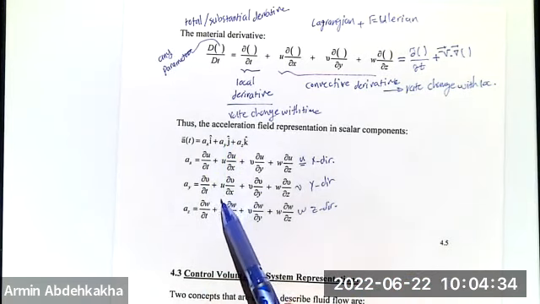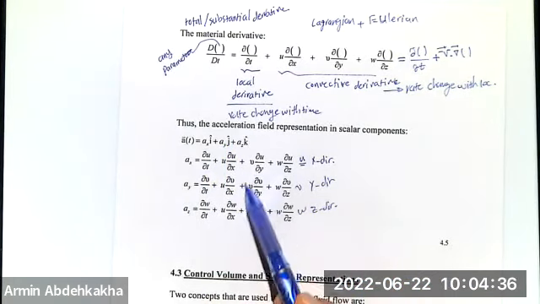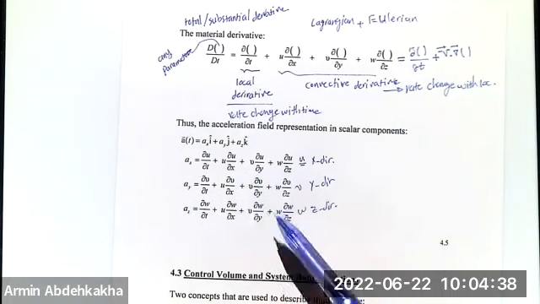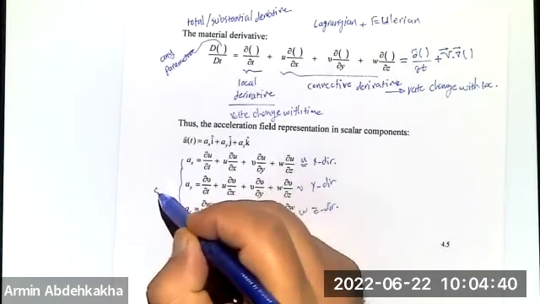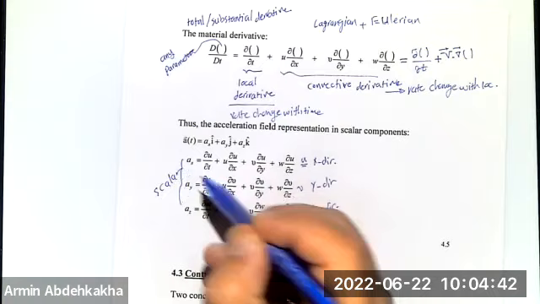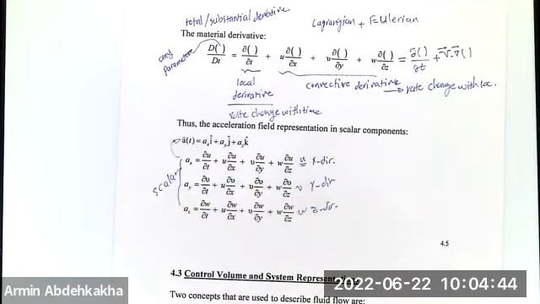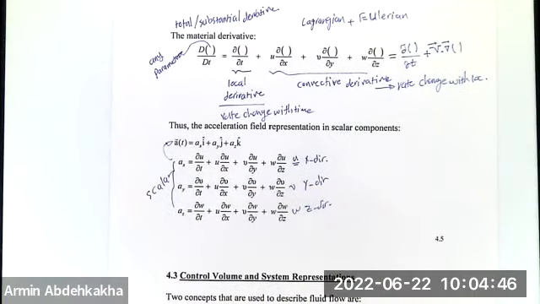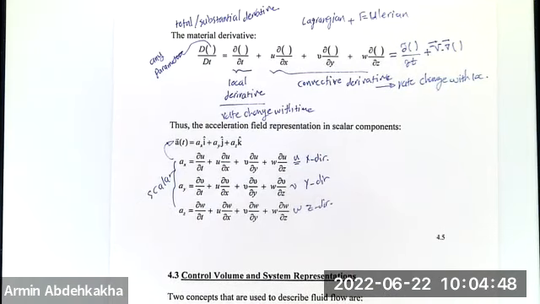These are not vectors, right? Because these are all scalars. But if you bring them here, these would be your acceleration components, and then you have the acceleration field, right?